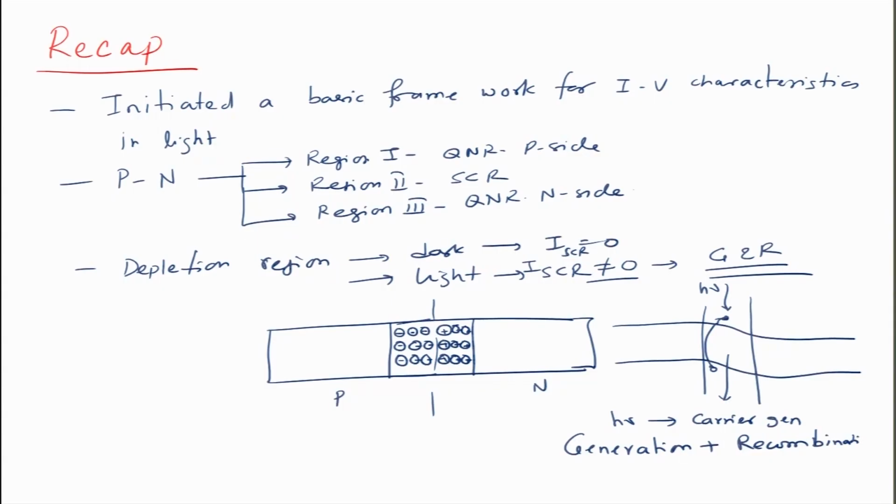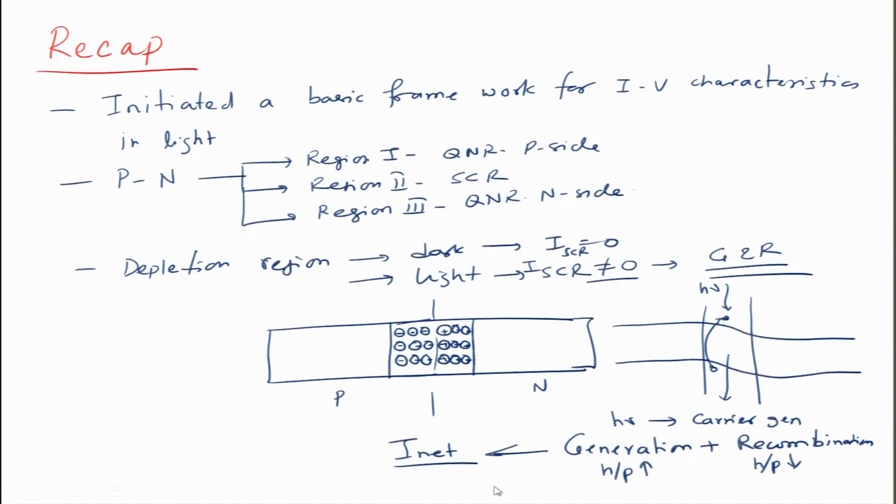While generation will increase n and p, recombination will decrease n and p, and the combination of these two will give you net current. So, now the depletion region produces current, and we will have to see how much current it produces.